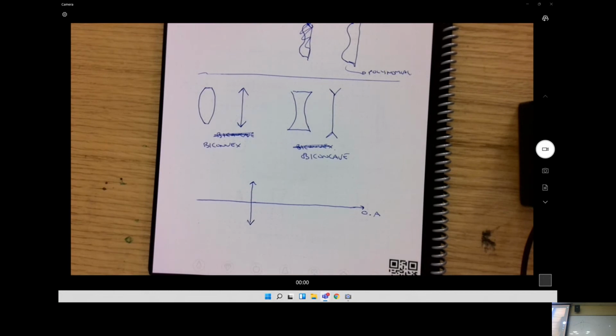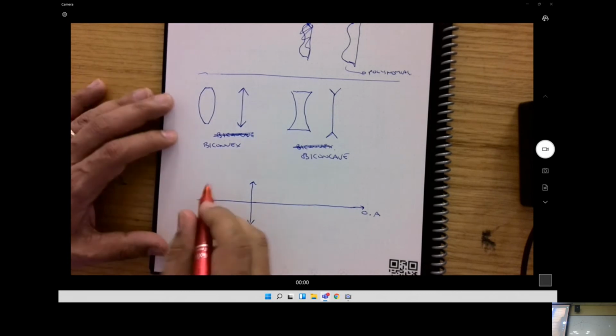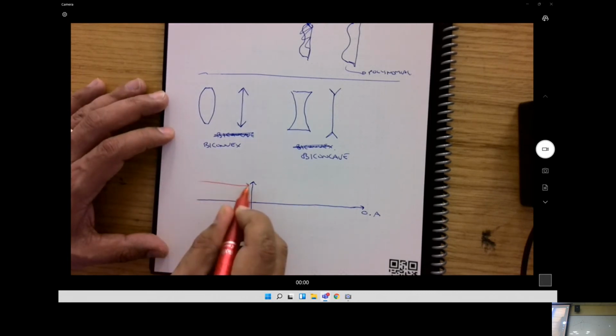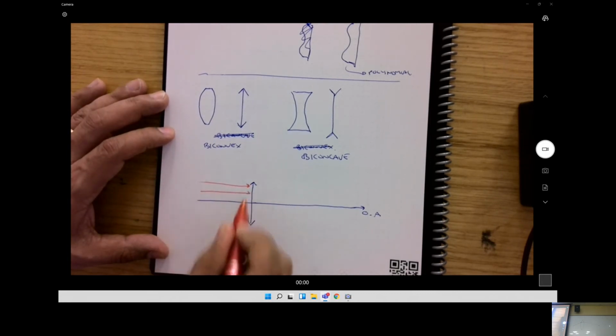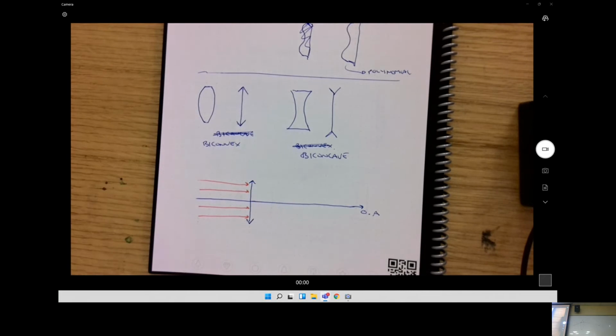When you have light sources, you can imagine that light diverges from that source. But if the light source is really far away, you can assume that all the rays coming from that source are parallel to the optical axis. So all my light is going to be incident into my lens.